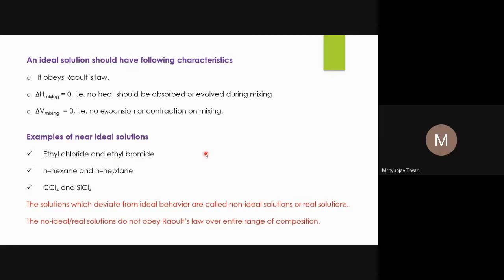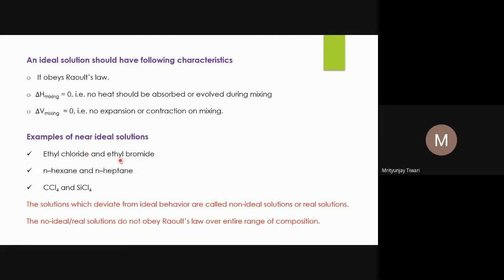The interaction between one ethyl chloride and one ethyl bromide molecule is not going to be exactly equal to the sum of the individual interactions. They may be nearly equal, and that is why we say near ideal solution. We don't say perfectly ideal solution, you don't usually get that. So the ethyl chloride and ethyl bromide solutions are near ideal solutions.